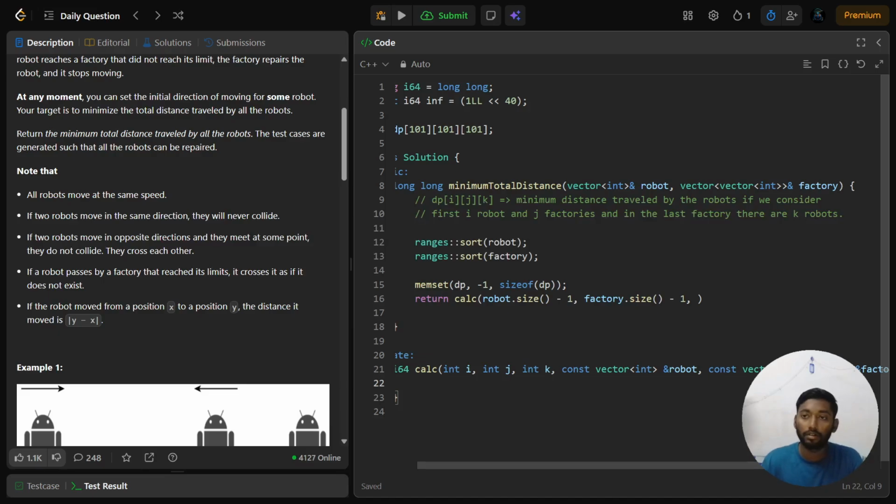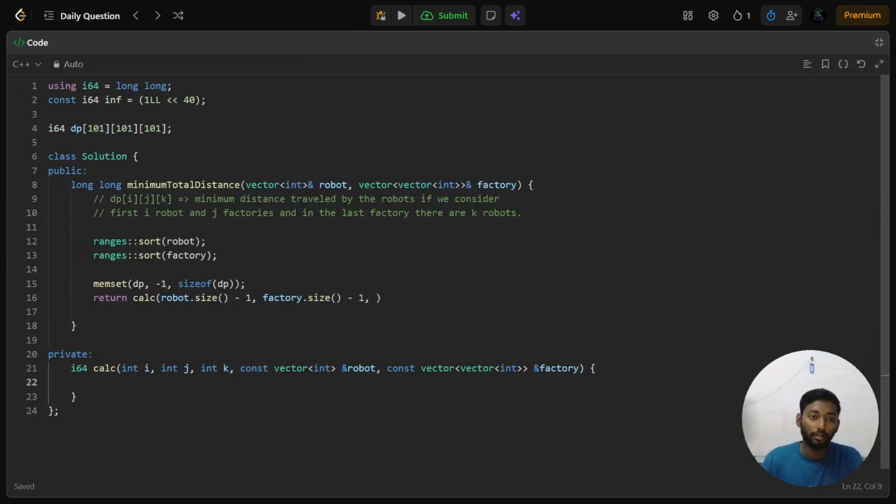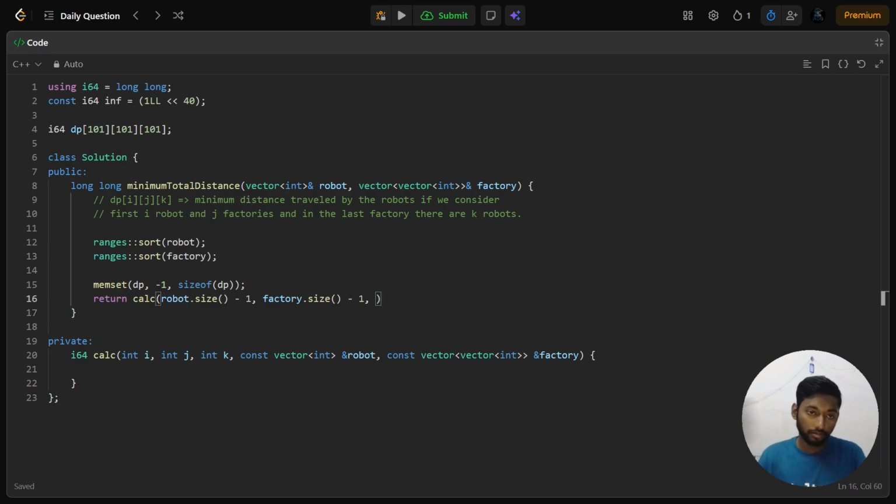Okay. Now in the calculate function, initially we are considering that we have to calculate all the robots, all the factories, and initially the last factory has 0 robots, and we simply pass robot and factory, right?